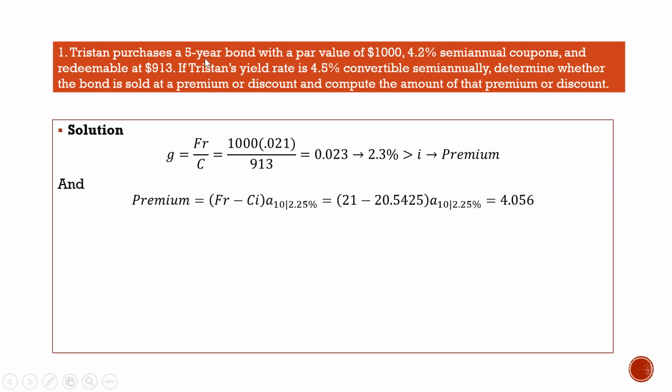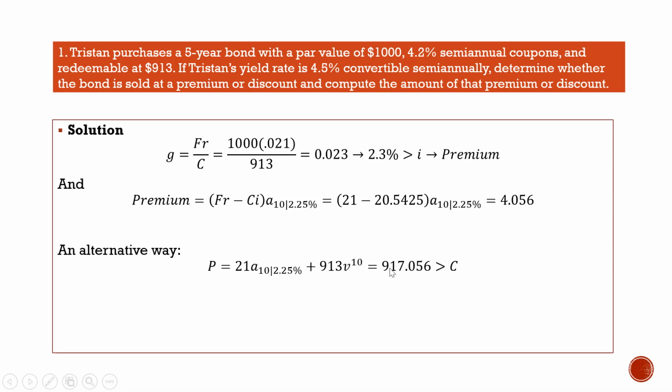Here 5 years, but because the interest is compounded semi-annually, the number of terms is actually 10. So the premium is 4.056. An alternative way is we find the price of the bond. So the price of the bond is just the combination of the present value of all coupons and the present value of the redemption value.